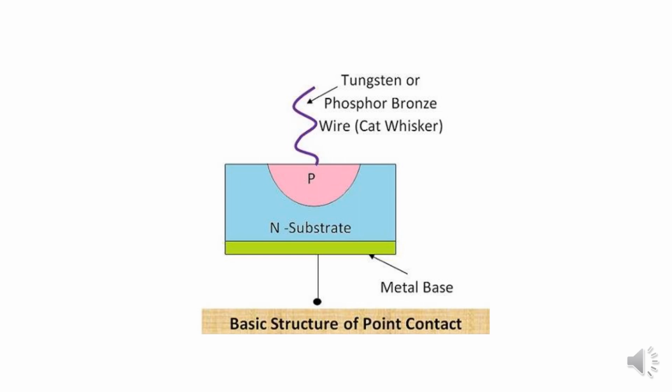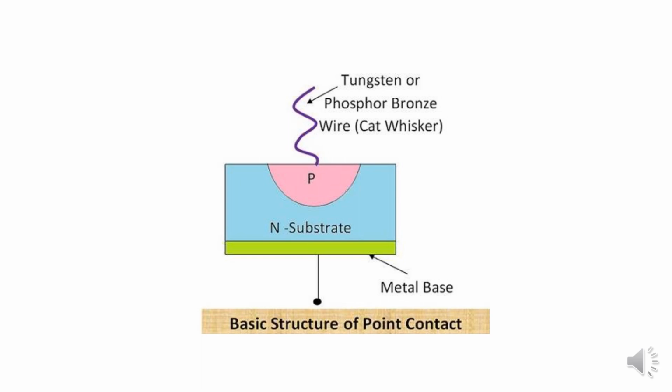Looking at the construction, it is formed by the contact of an N-type semiconductor substrate and a tungsten or bronze wire, that is the cat whisker. The semiconductor used in the construction of a point contact diode can be either silicon or germanium, but germanium is used exclusively because it possesses higher carrier mobility.